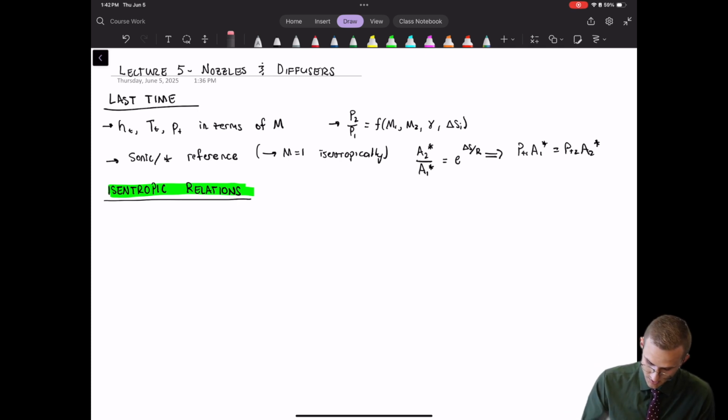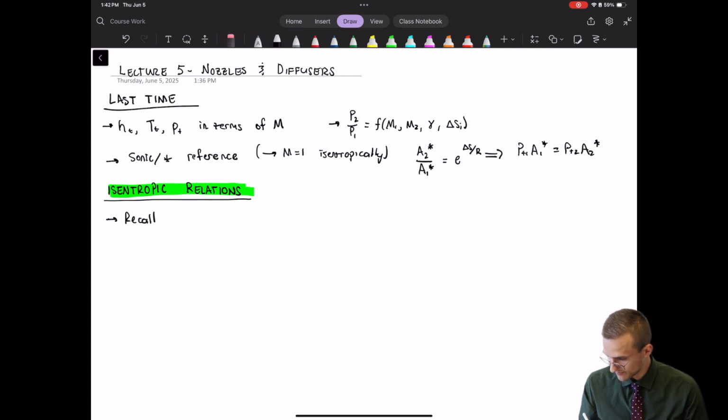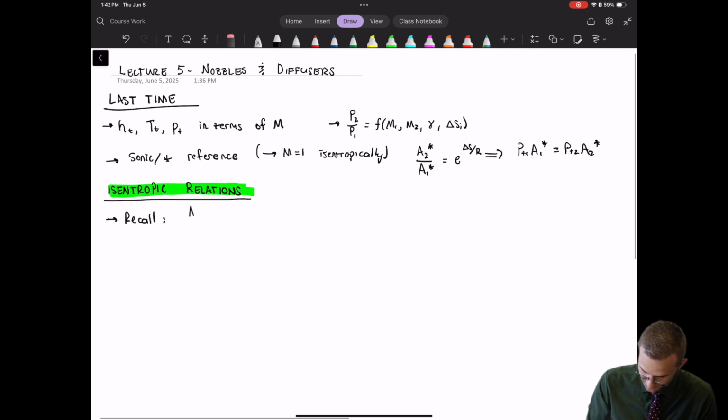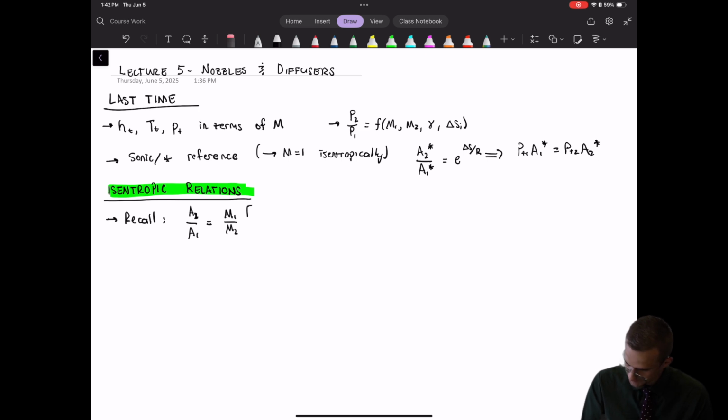So, recall from the last lecture, the working equation for area was A2 over A1 is equal to M1 over M2 times the quantity 1 plus gamma minus 1 over 2 M2 squared, divided by the quantity 1 plus gamma minus 1 over 2 M1 squared.